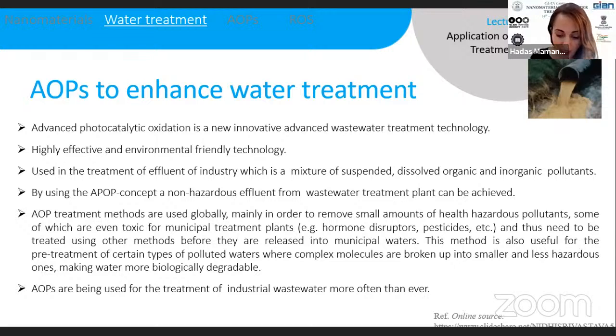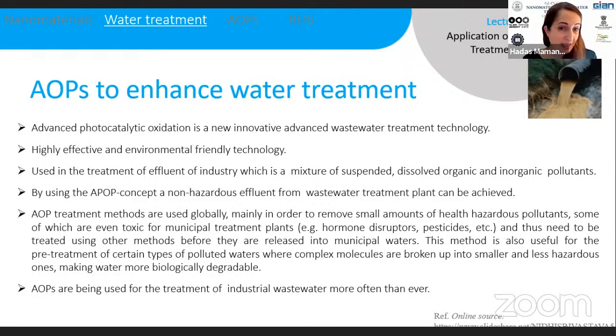So how can AOPs be used to enhance water treatment? Advanced photocatalytic oxidation is a new, innovative advanced wastewater treatment technology. It's highly effective and potentially environmentally friendly. It can also be used for industrial effluent that has a mixture of suspended, dissolved, and inorganic pollutants. But of course, as I said before, prior to the AOP process, we need to remove the residual particles.